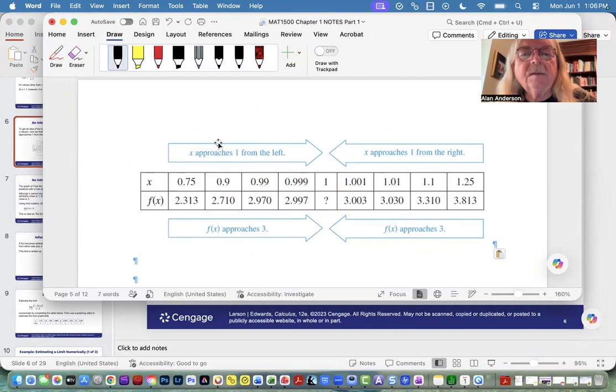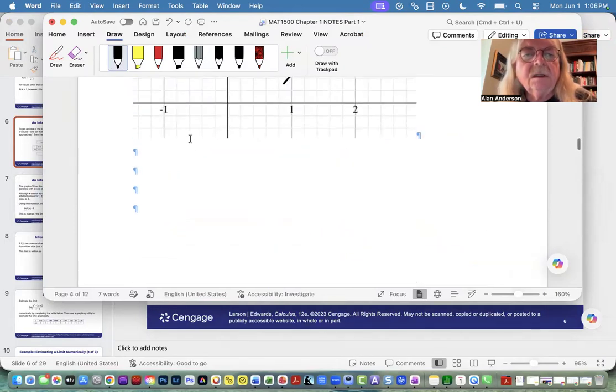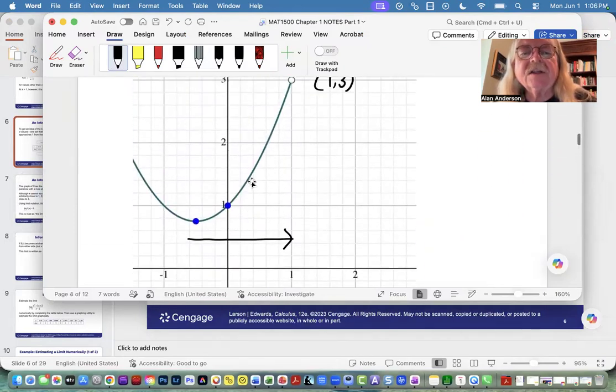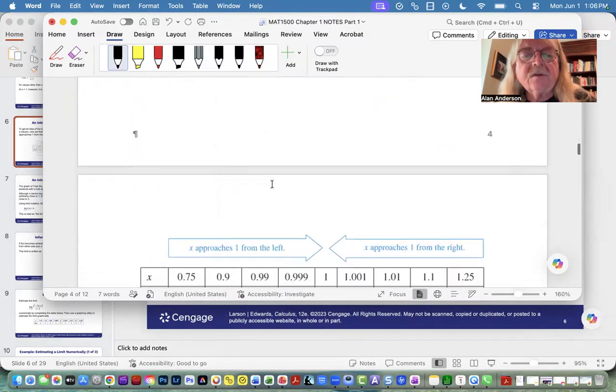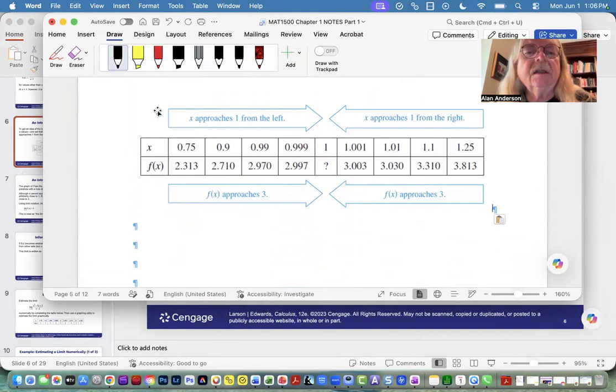So this little arrow is meant to indicate that as I substitute values of x that are less than 1, the values of y are not only increasing, but they keep getting closer and closer to 3. They've got a question mark there for a reason.